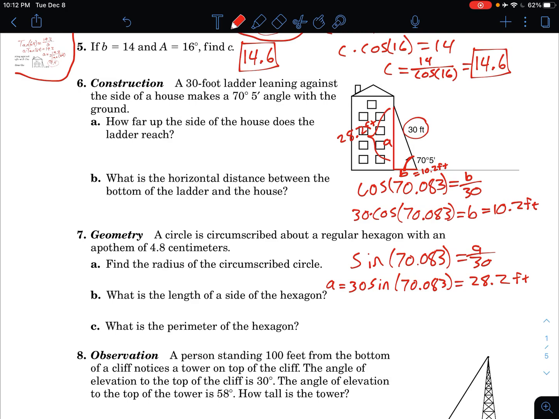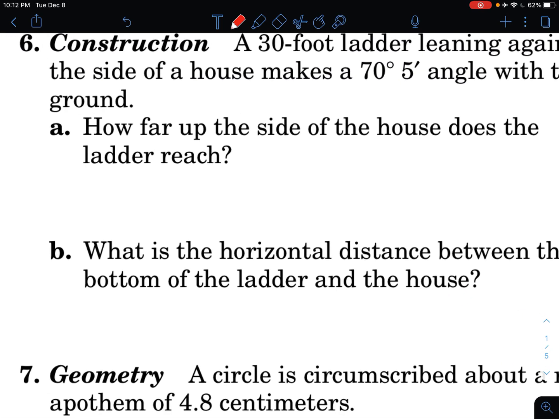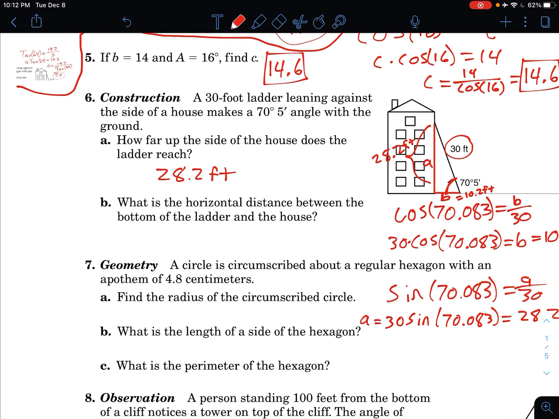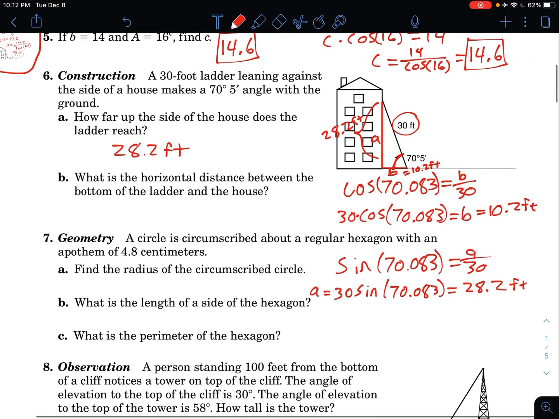Alright, so we would say, how far up the side does the house go? That is 28.2 feet. And then how far is the distance horizontally between the bottom of the ladder and the house? 10.2 feet.